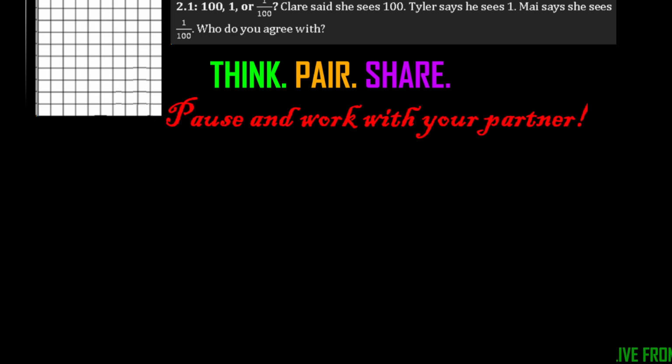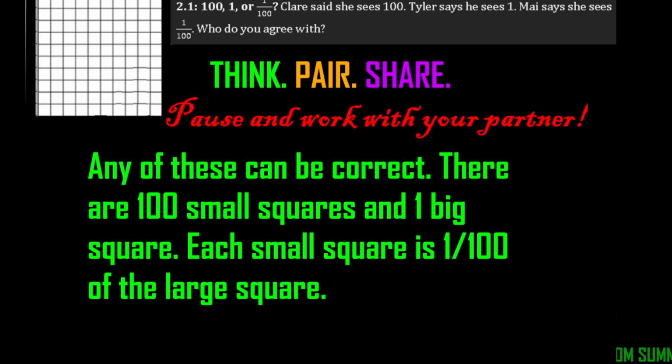What you can also say is any of these can be correct because there are 100 small squares and 1 big square. And then you could say each small square is 1/100th of the large square. So any of those options would be totally fine.